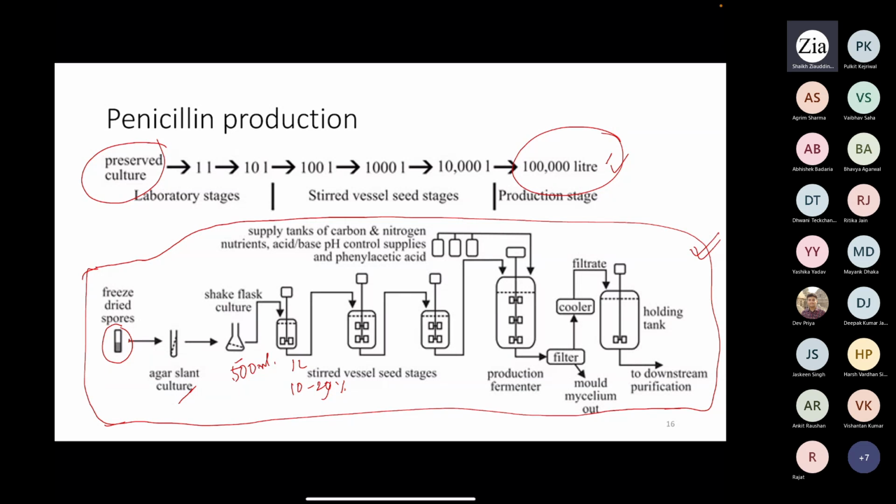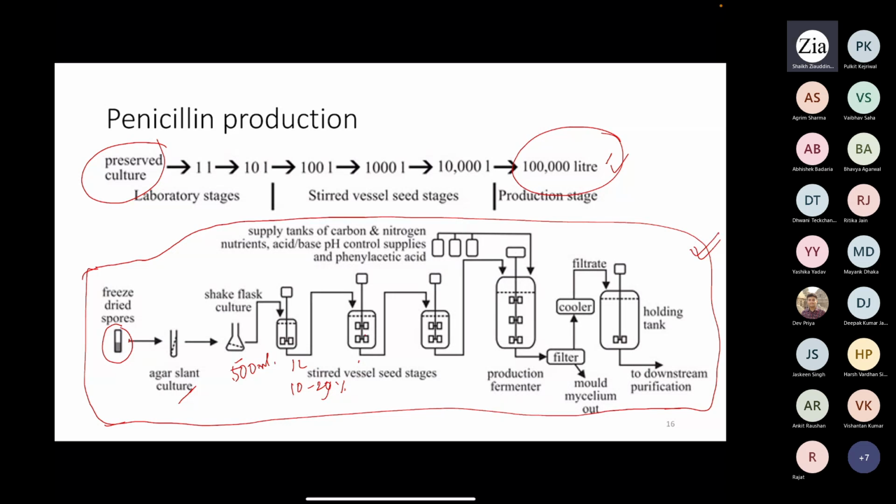In the second reactor, the entire volume will go to the next reactor because your working volume is 10 liter, so you need 1 liter here. So the entire reactor volume will go there. And then from 10 to 100, again 10% you will add. In this manner, you will try to increase the capacity. Whatever you prepare in the previous reactor is used as inoculum for the next reactor.